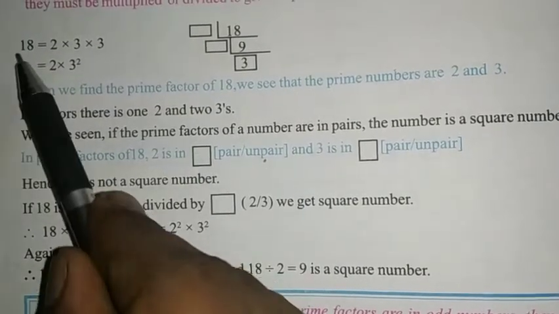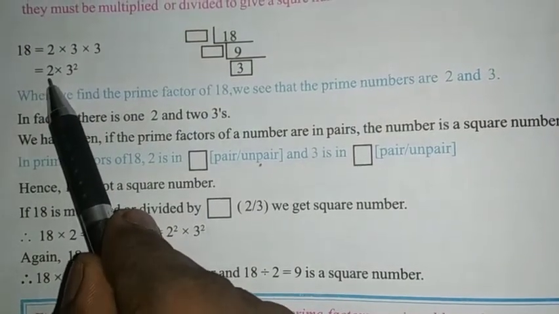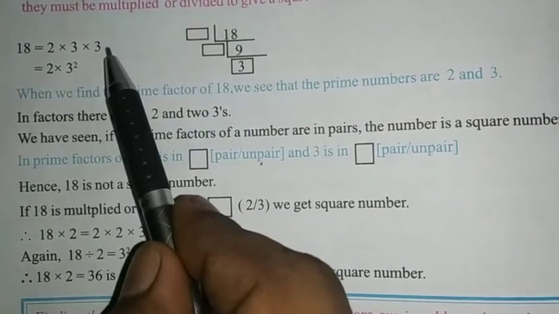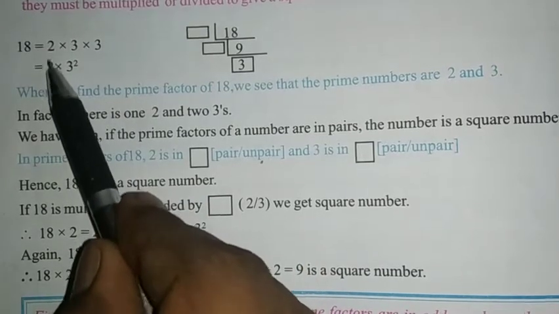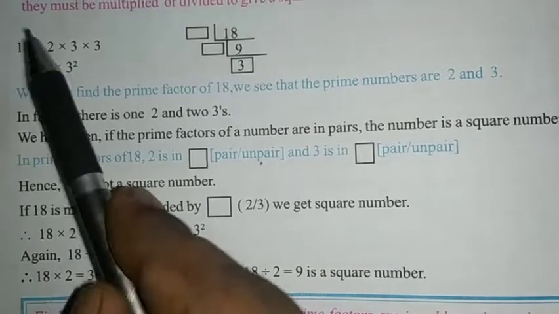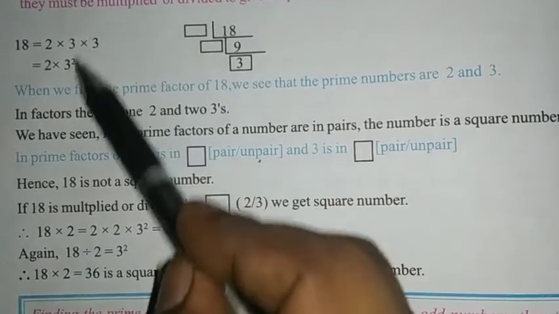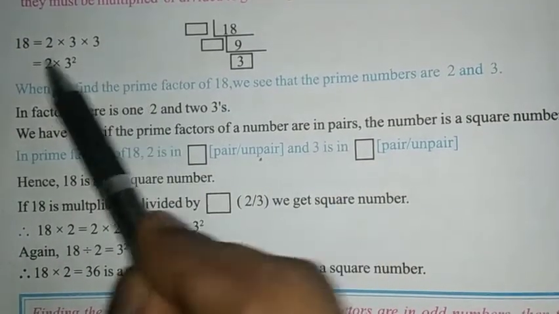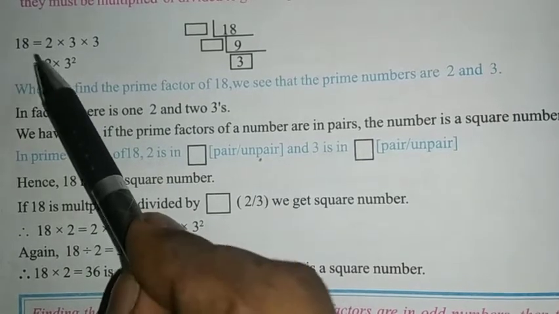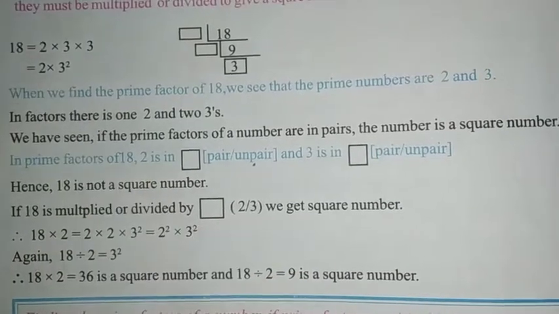But look, was 18 a square number? No, because in this number, this 2 doesn't have any pair. That means it doesn't have square numbers. That's why 18 was not a square number. But if I multiply this with 2, then it will be a square number.